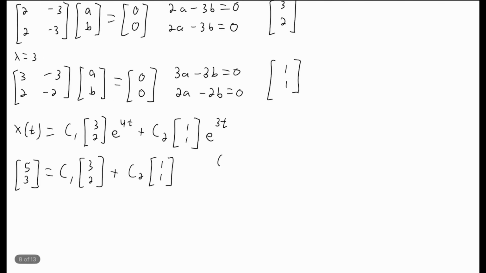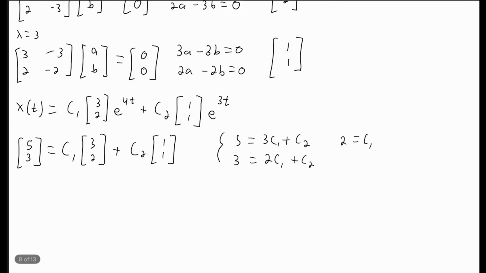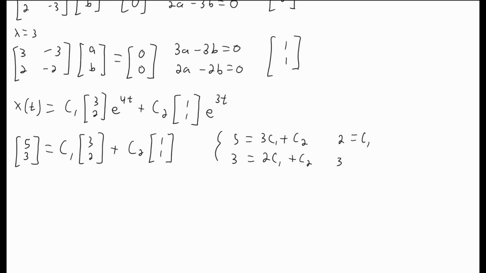We can write this as a system of two separate equations. 5 is equal to 3c1 plus c2, and 3 is equal to 2c1 plus c2. Subtracting the bottom from the top equation gets us 2 is equal to c1. If we plug c1 back into the bottom equation, we'll get 3 is equal to 4 plus c2. So c2 is equal to negative 1.